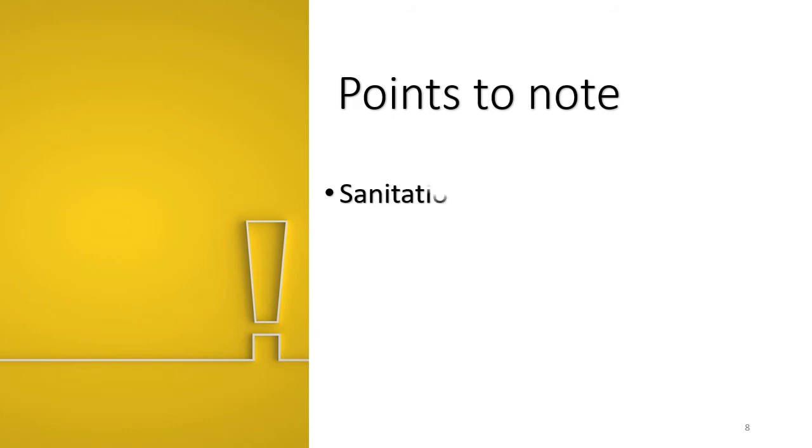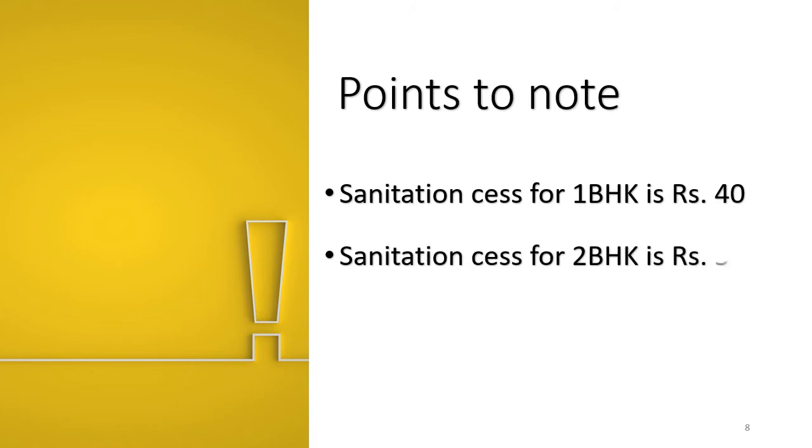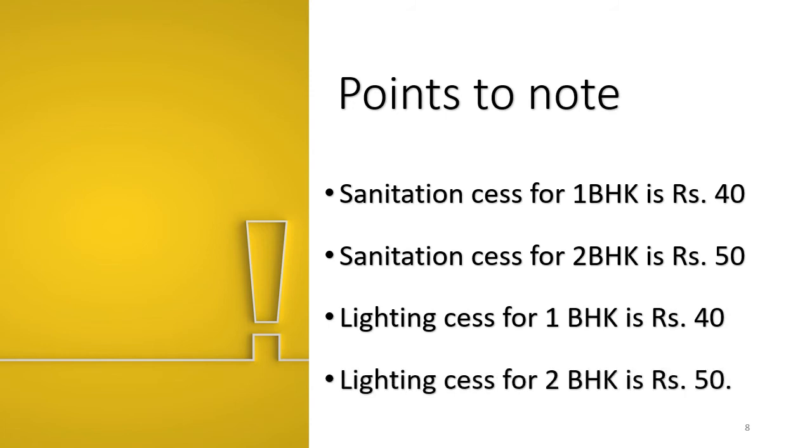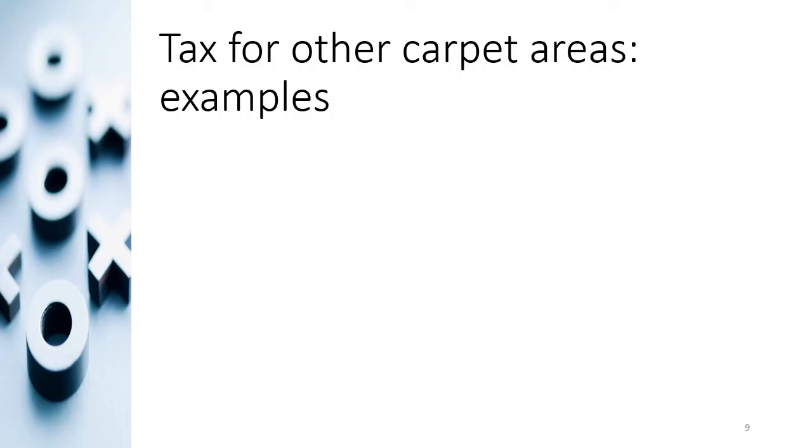Points to be noted: the sanitation cess for a 1 BHK, as we saw in the previous slide, is 40 rupees. For a 2 BHK, it is 50 rupees. Lighting cess for a 1 BHK is 40 rupees and the lighting cess for a 2 BHK is 50 rupees. So if we take examples of other carpet areas, now this will cover about 252 flats.